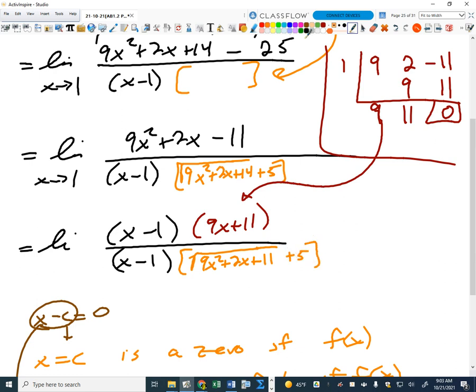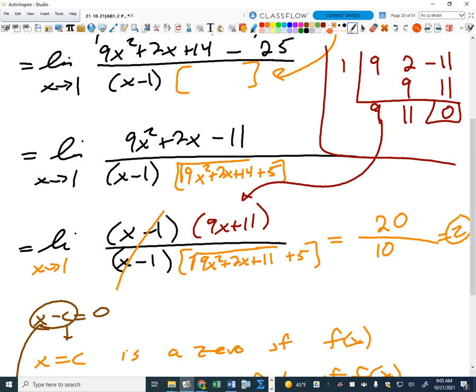And when I take my limit then, those guys cancel, and now I can just evaluate it, right? So what's the outcome then? On the top, I get 20. On the bottom, I get 10, right? So I just get 2 for my limit.